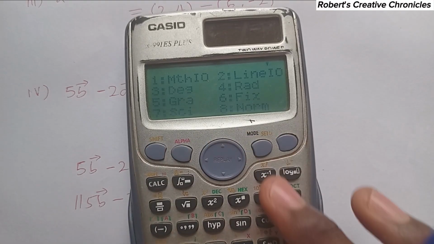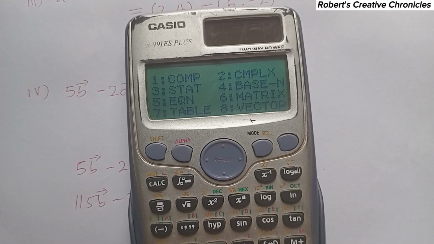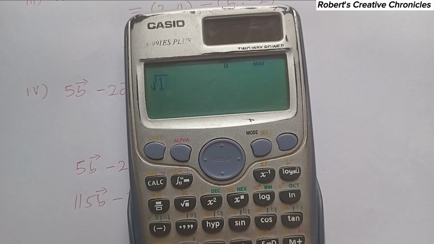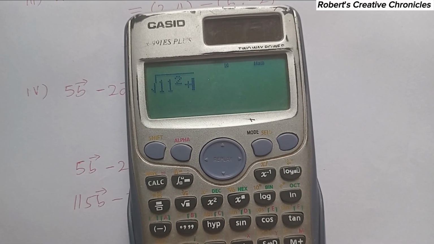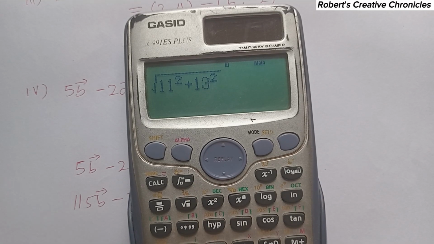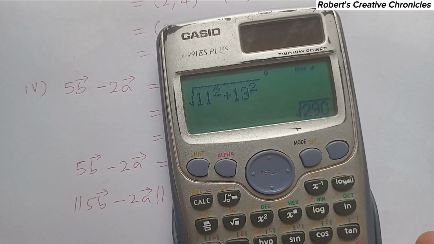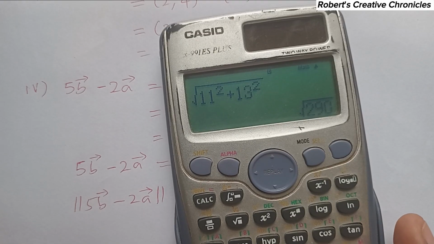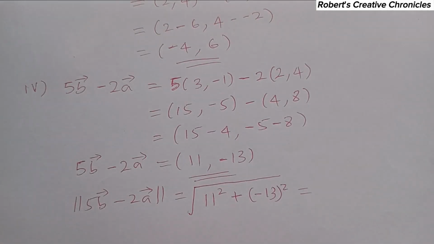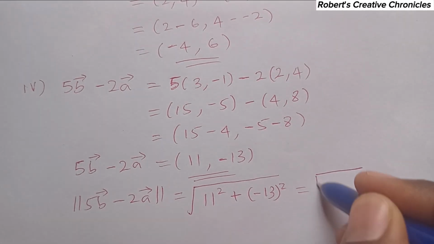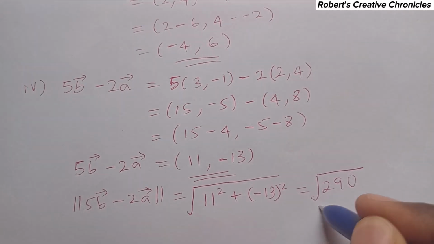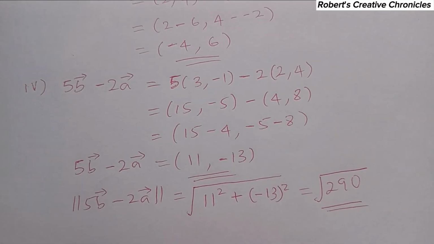You can remove vector mode now. 11 square plus 13 square. You know minus square is plus, so root of 290. So this is root of 290. Then that means the magnitude is root of 290. So we have successfully solved this question.